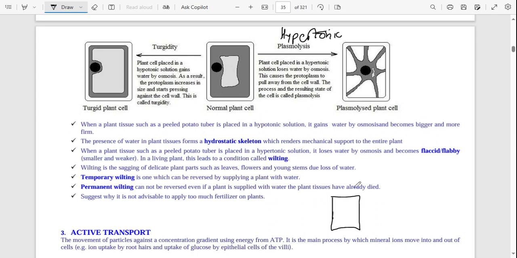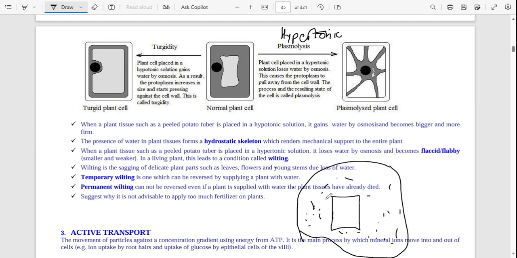Let me represent this. Say this is your medium that contains a solution, and this is a cell.